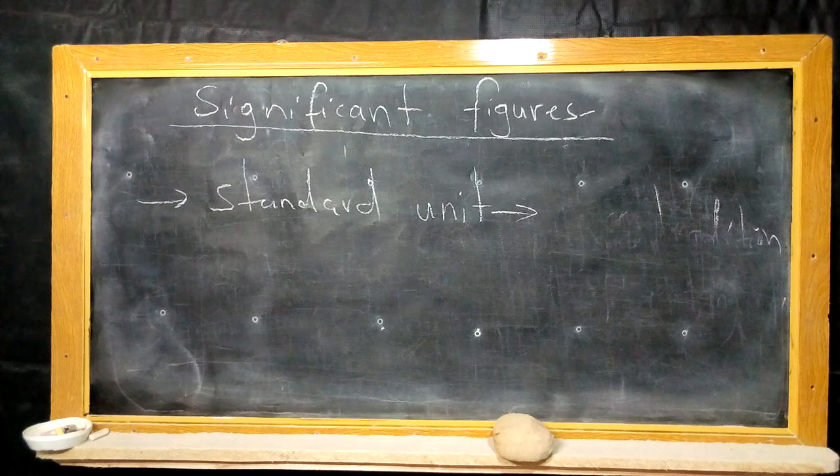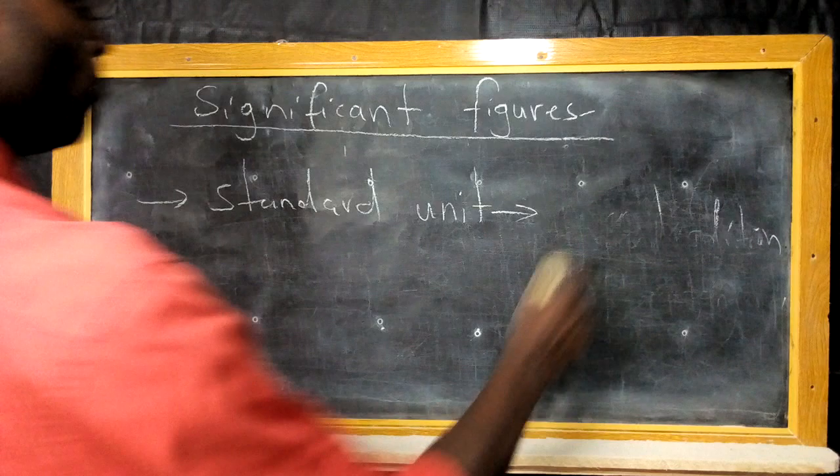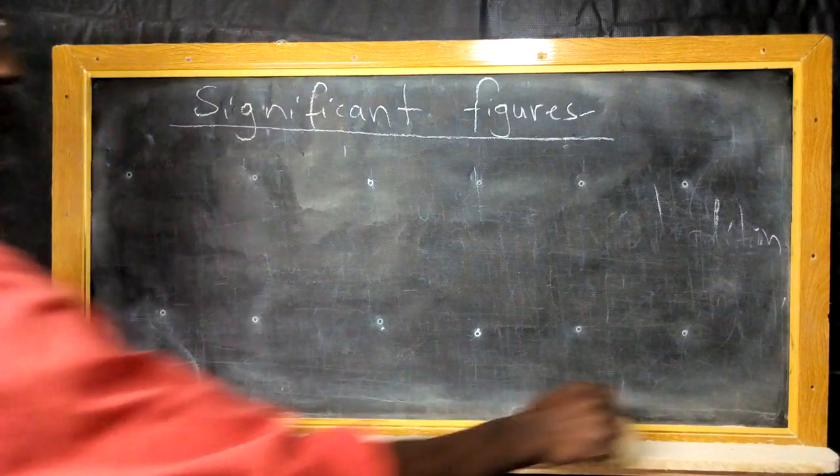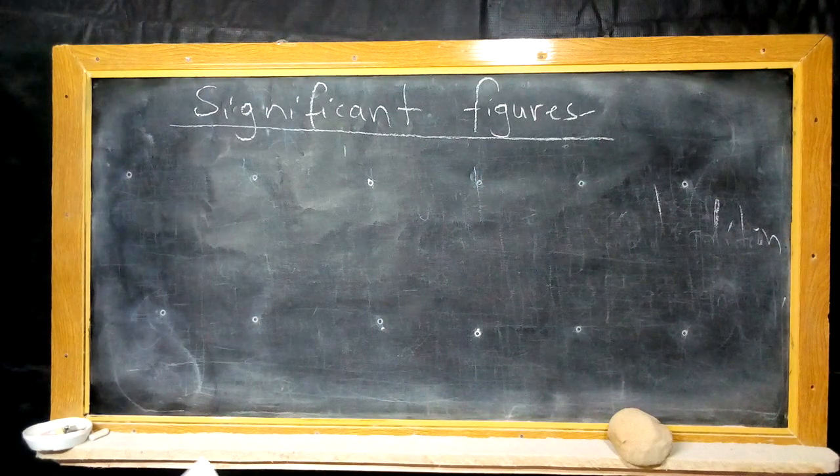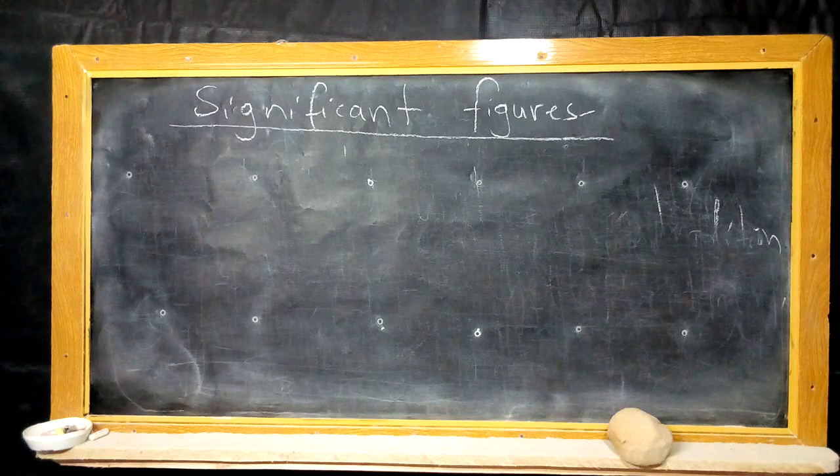We can simply define it as a measure of a physical quantity with which other units are compared. In this case, you'll find that the measurements done using different instruments at our disposal are not always perfect.